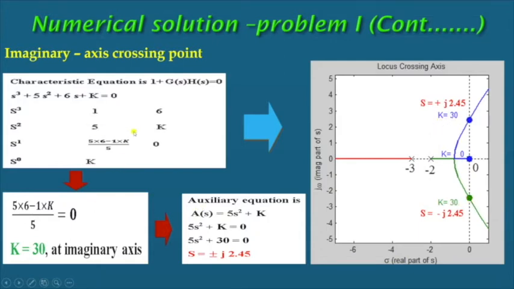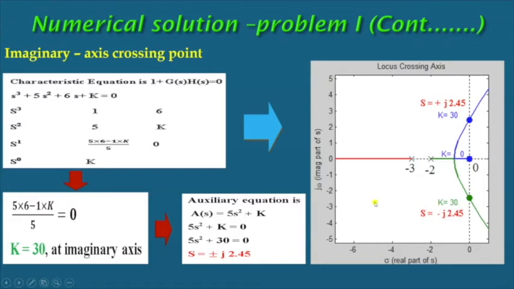Then from the above row we consider the auxiliary equation. So this is 5s square plus K equal to 0. At the imaginary axis K equal to 30, so write down K equal to 30. Then find the value of s, plus minus j 2.45. So this is the value of s at the imaginary axis.